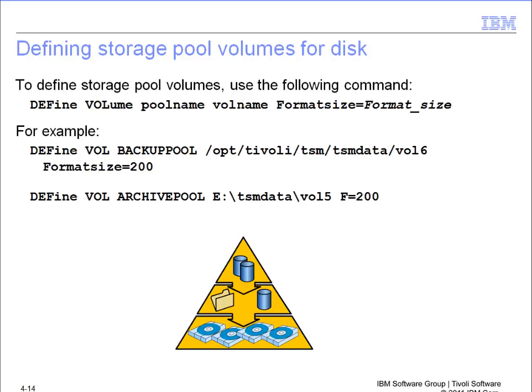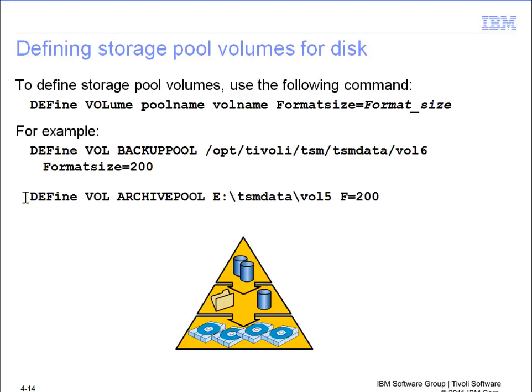In this case, we're using AIX, and we're going to put the volume in opt tivoli tsm data. This is a file that we have created, that we put into the TSM subdirectory. Then we have our volume name, volume 6. Format size equals 200. Unless you specify otherwise, it's going to be in megabytes.